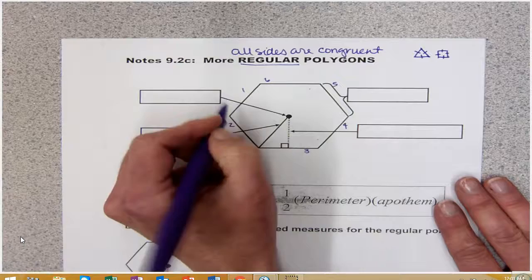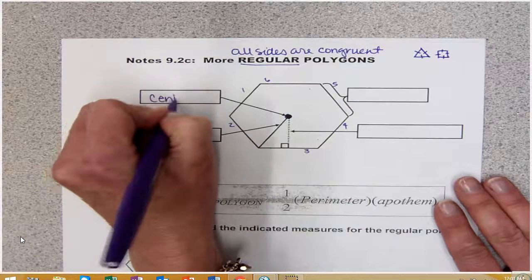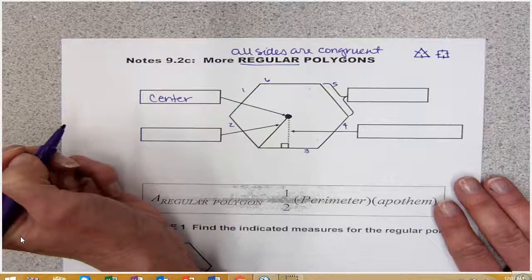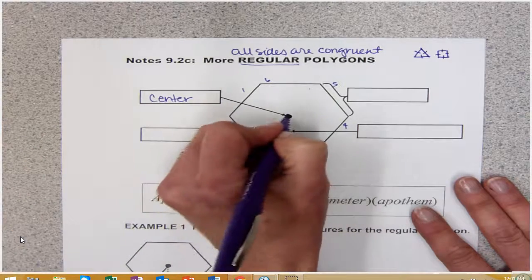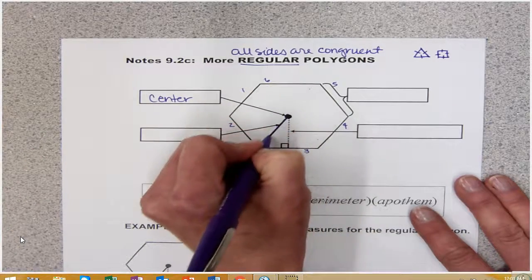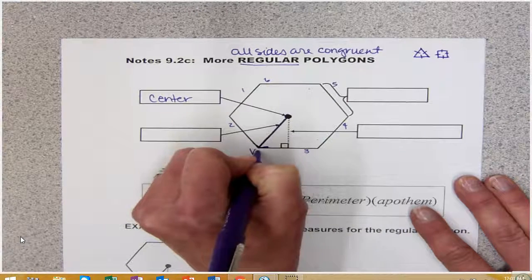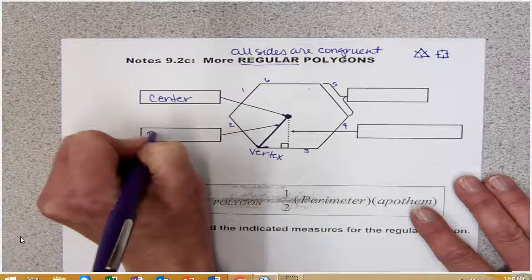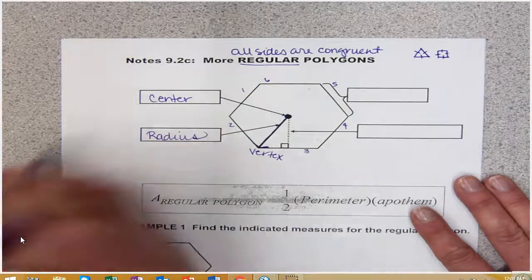To label it, we're going to start with the center, which is your center point. That is a very important part of finding areas for these figures. Then from the center out to a vertex. It has to be to a vertex. Then that is your radius, just like in a circle.